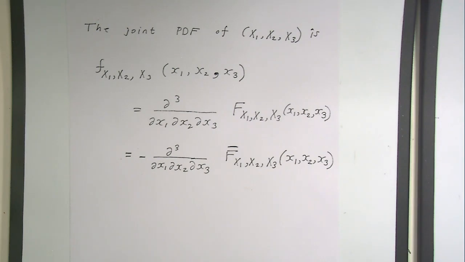But this event is always true, because anything is greater than minus infinity. So this will become 1 minus the probability that x1 is greater than little x1. And because this is the complement of this event, there must be the probability that x1 is less than or equal to little x1. And this by definition is the CDF of x1.